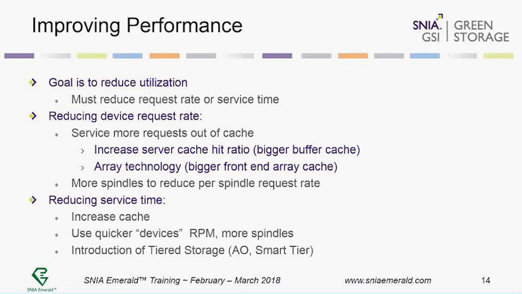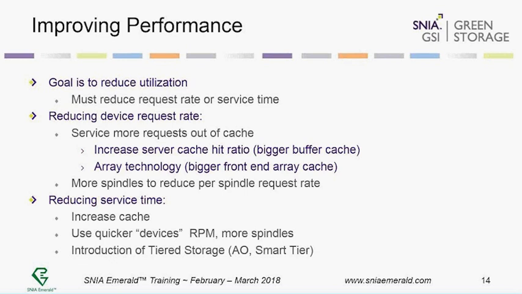And the way that's the first bullet on there is to increase the requests out of cache. The second way that we can reduce the request rate is the larger front-end cache. So several steps along the way that we can offer improvement.